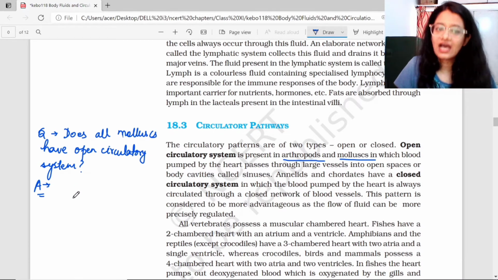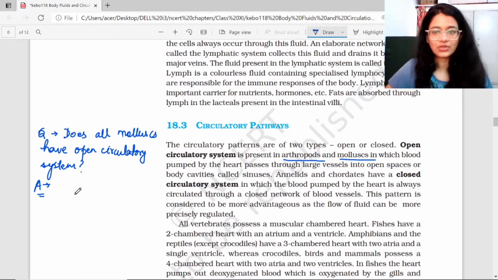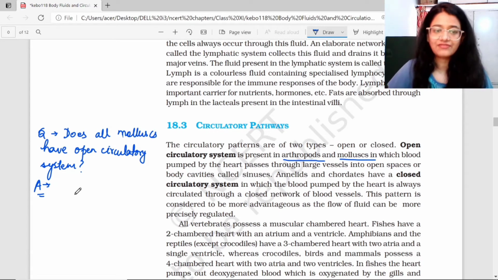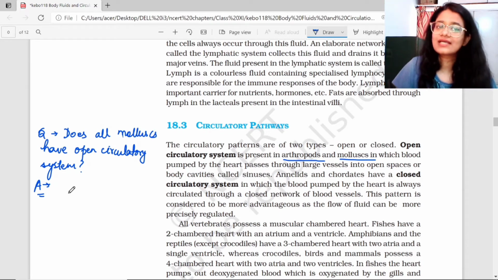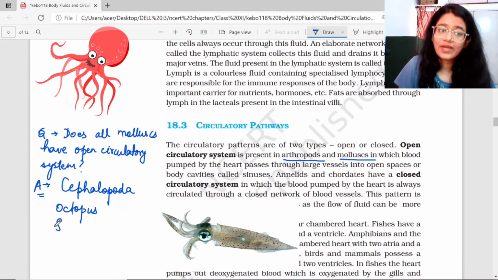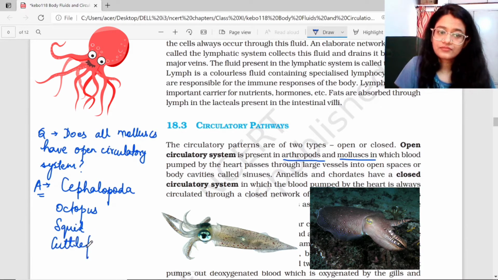Yes, there are certain molluscs which have closed circulatory system, and therefore we cannot say that all molluscs have open circulatory system, right? Now, which are the molluscs which have closed circulatory system? Those are the class Cephalopoda organisms, which include octopus, squid and cuttlefish.